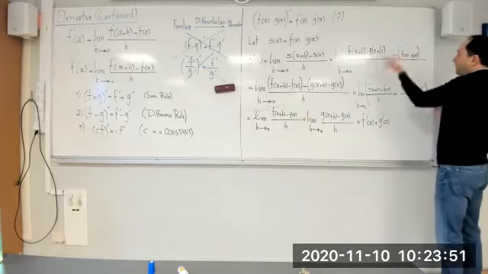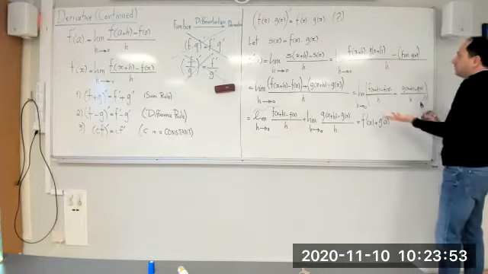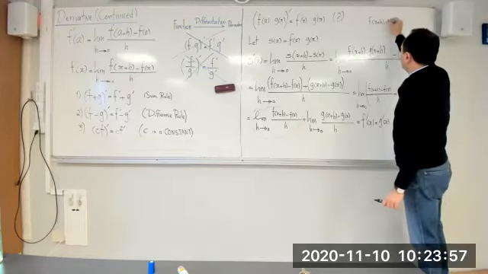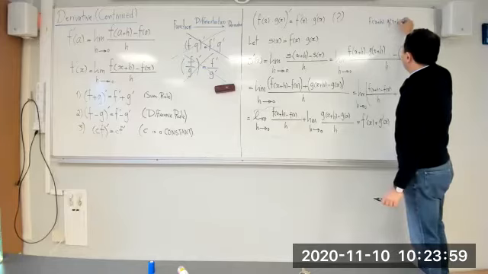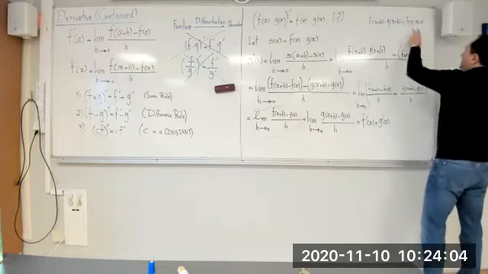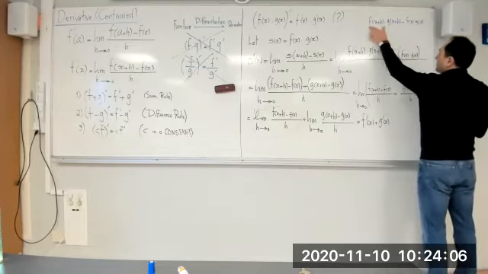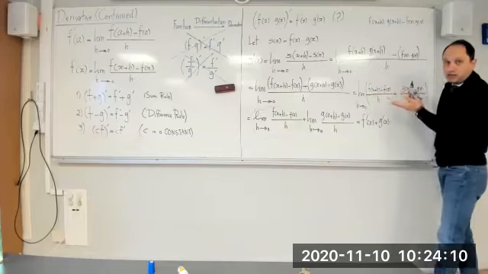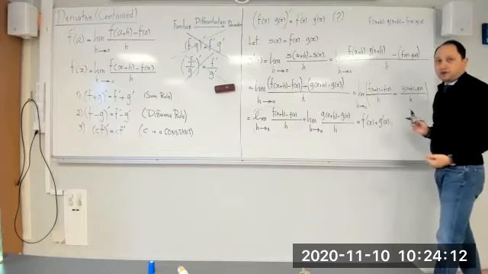But if I have a product, it's clear I cannot do that, yes? I have f of x plus h multiplied by g of x plus h minus f of x, g of x. I cannot take this f and put it next to this, take this g, put it next to this. It is not possible algebraically, yes? So that is the problem.